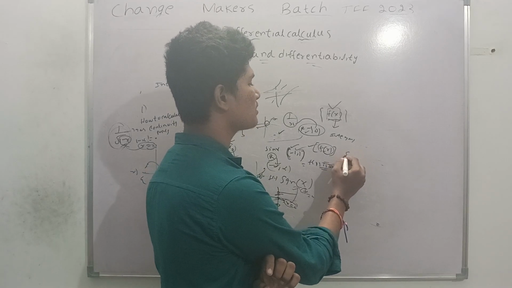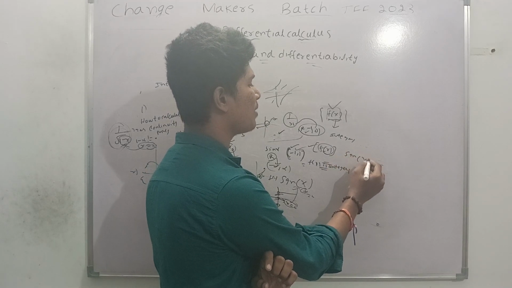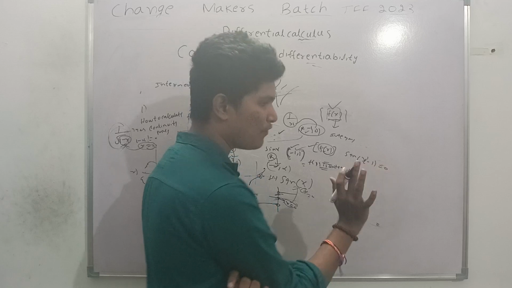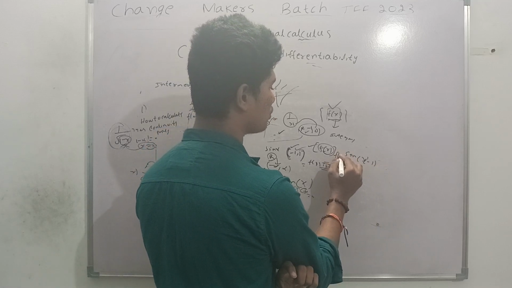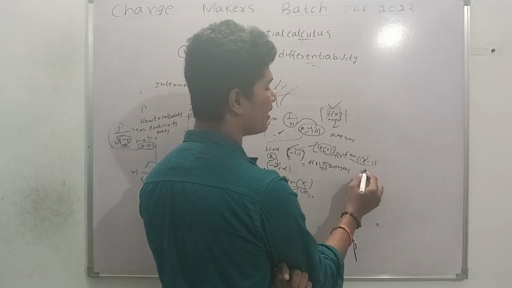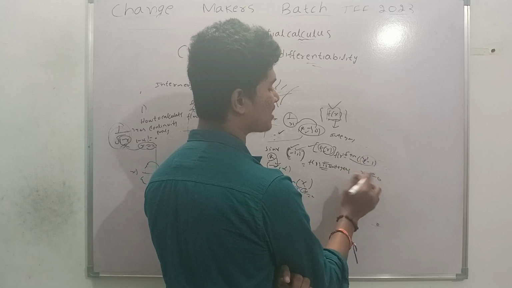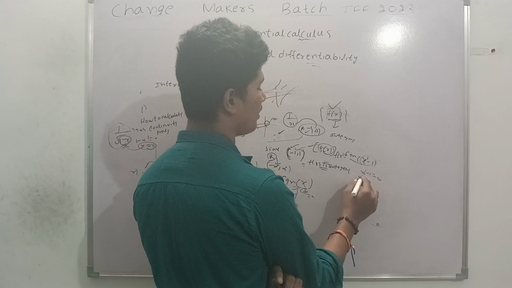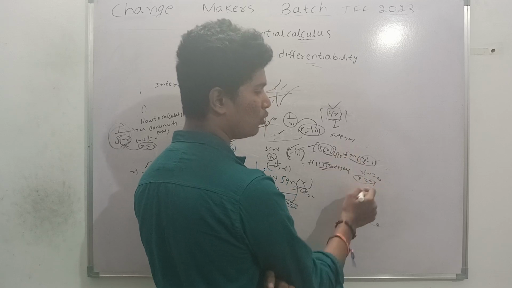So you can say at what points signum x is getting 0. Suppose we take signum of x square minus 1. At what points is it getting 0? x square minus 1 equal to 0, x equal to plus or minus 1. Is it true? Yes.